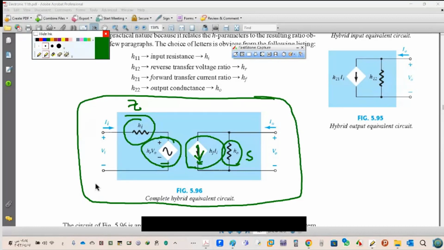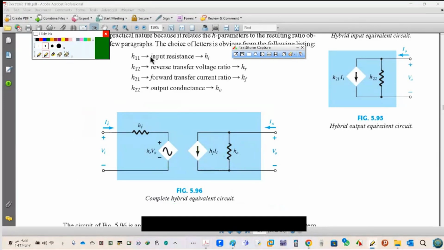So this is the complete hybrid equivalent model, and based on this, we can compare this model with the re model that we studied before. So H11, as you see here with me, is input resistance. H12, see here, we can say H12 means the effect from 2 to 1.